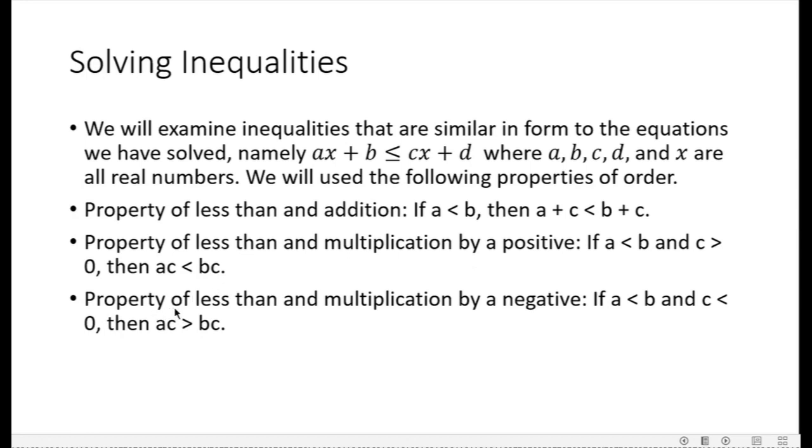And the third, the property of less than and multiplication by a negative: if a is less than b and c is less than 0, then the product of a and c becomes greater than the product of b and c. So in the third property, when our condition is a negative number or less than 0, the sign of inequality will be reversed.